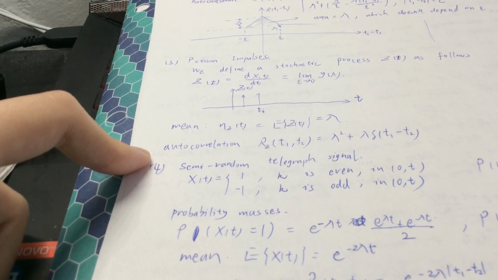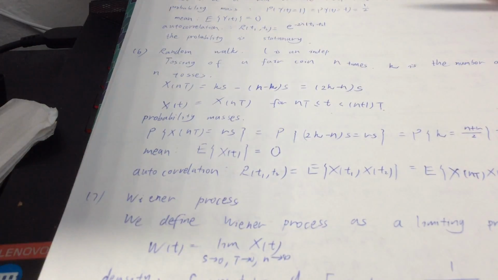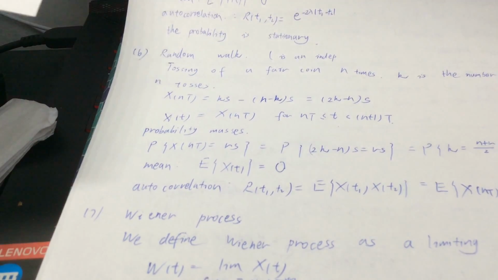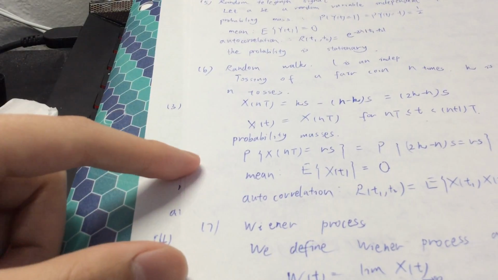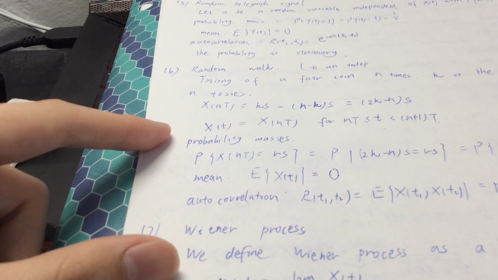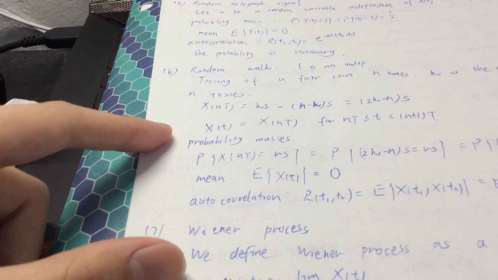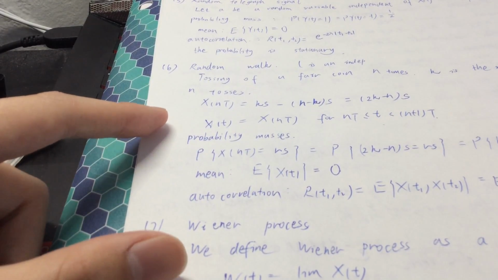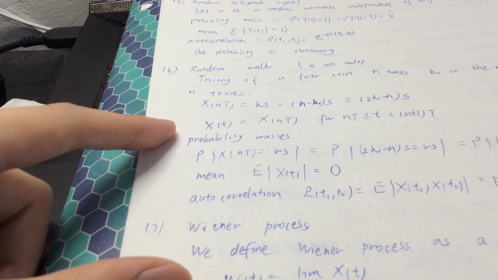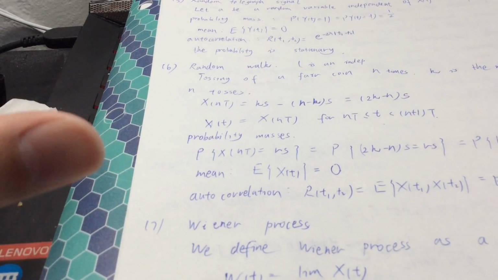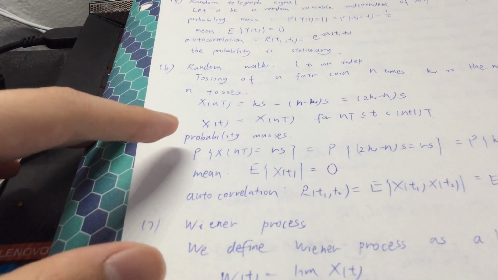That's the semi-random telegraph signal. And when the absolute value of t1 minus t2 is large enough, the autocorrelation is extremely close to 0. That means t1 and t2 are very far away, so Xt1 and Xt2 are uncorrelated.